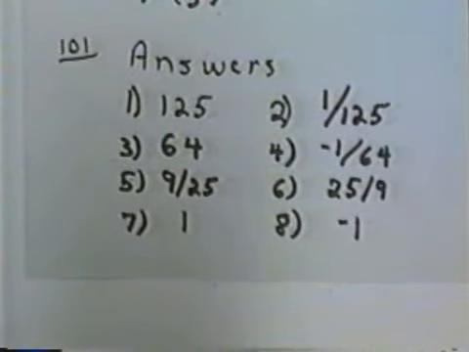The third one, 64. The fourth one, a negative 1/64. The fifth one, 9/25. The sixth one, 25/9. The seventh one, 1. The eighth one, negative 1.